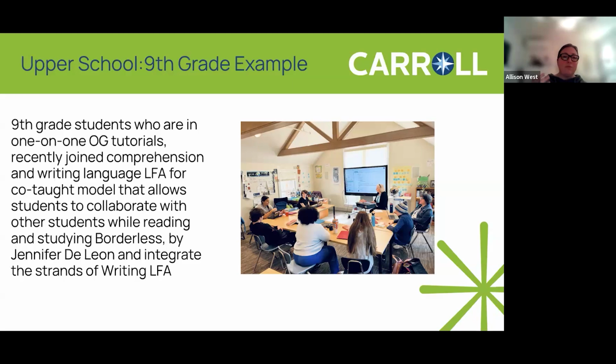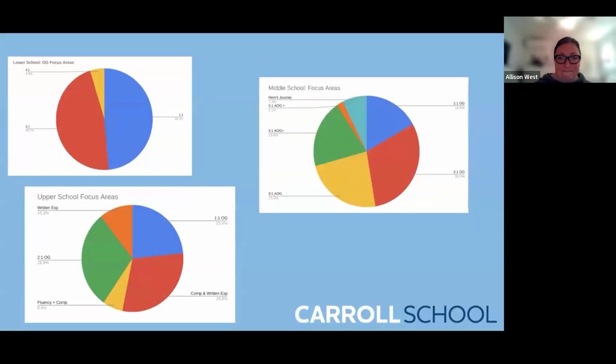So this is just one of those examples of how our upper school educators are working so hard to creatively find ways to build those foundational skills that are so essential, but in ways where it's developmentally appropriate for a high school environment. And the next slide, thank you, Stacy.